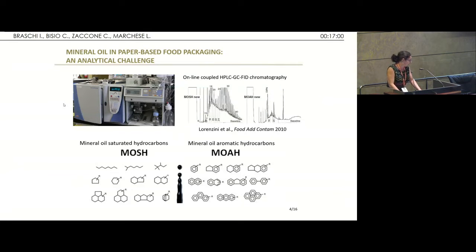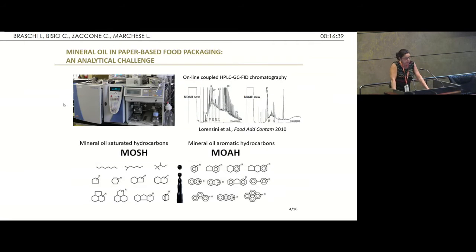In fact, the FID detector has the ability to have the same response for a high number of hydrocarbons.